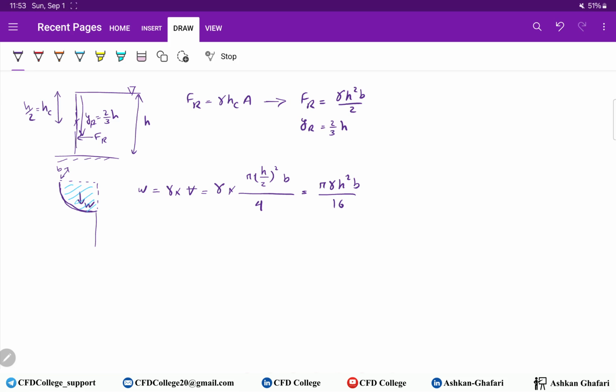And you know that the distance between the force and the origin, the center of the circle, is 4r divided by 3 pi.